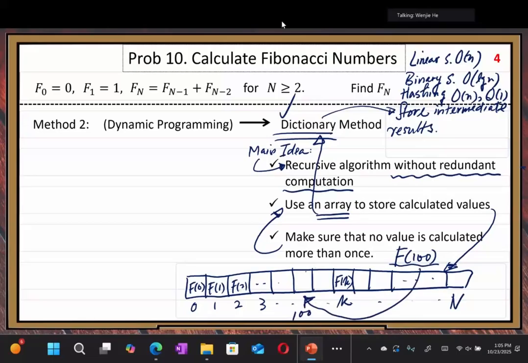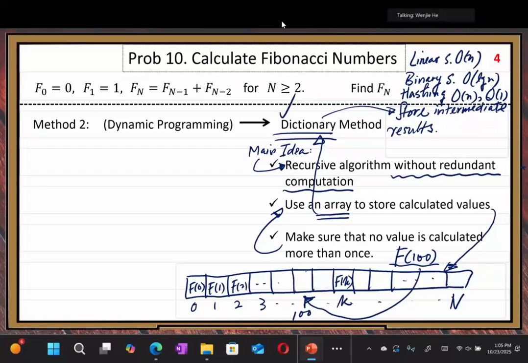Because you know where location 100 is, right? Can you just go there and do the checking immediately? How to do the checking? You know the location of f of 100.